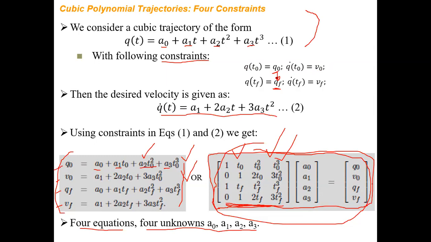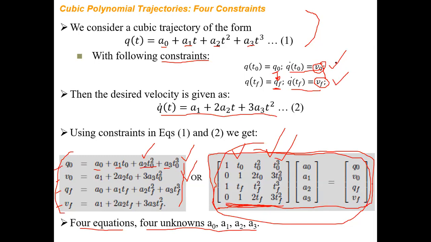While moving from Q0 to QF, do you want the robot to move from 0 velocity in the beginning to 0 velocity in the end? Or do you want the robot to keep moving in the beginning and also in the end? What kind of robot do you want?